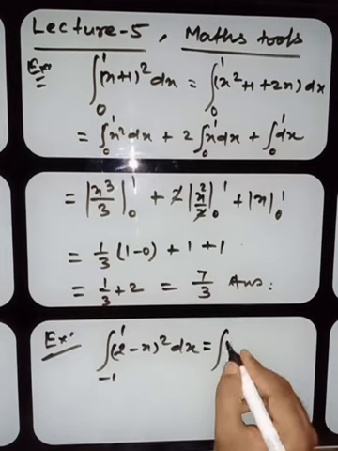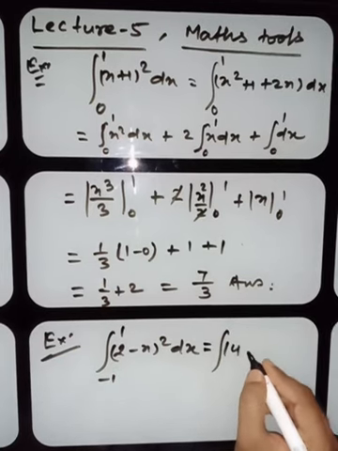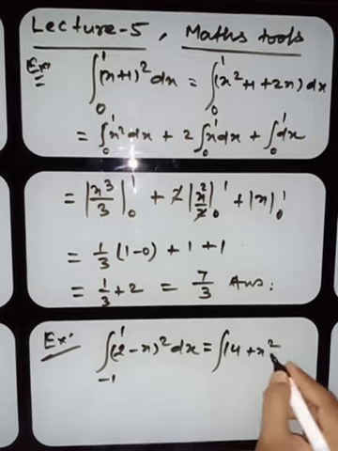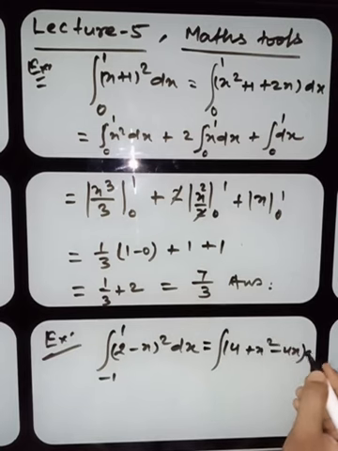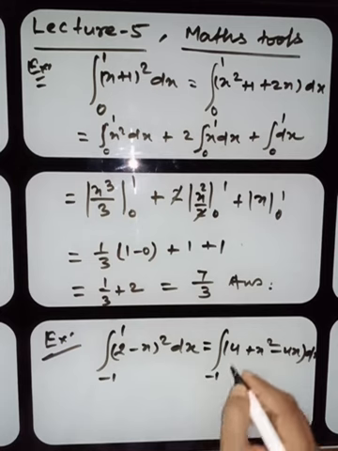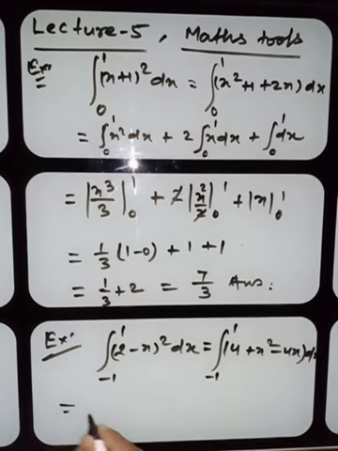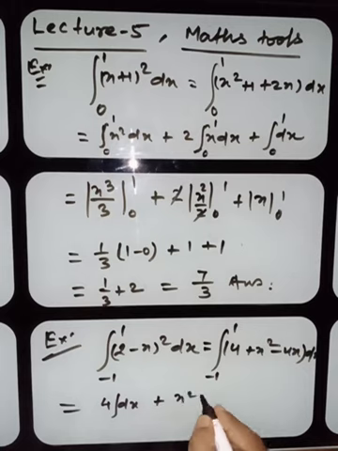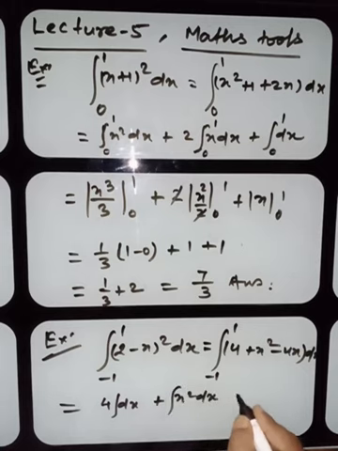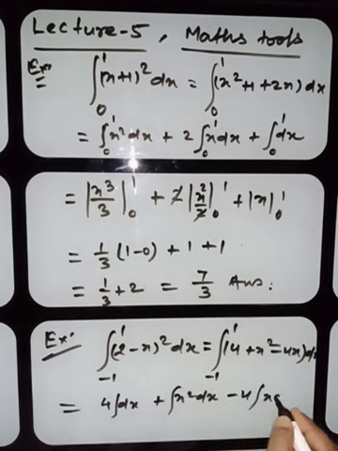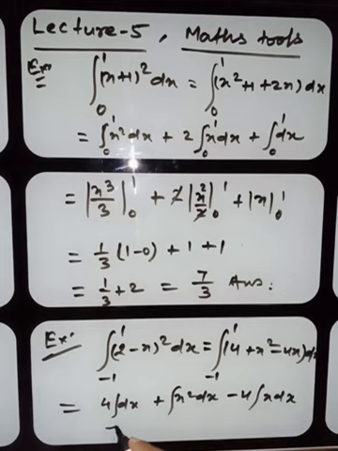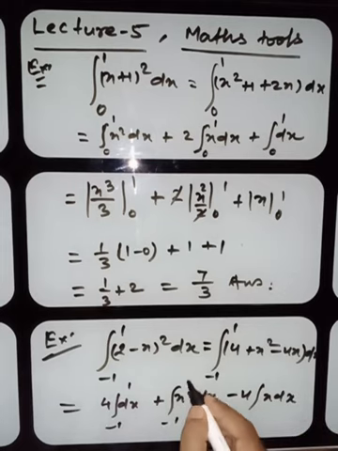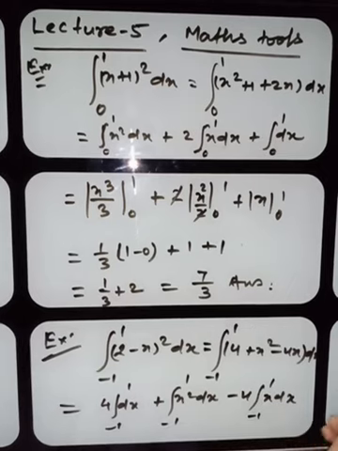First you have to break it. It is 4 plus x square minus 4x dx. All right, followed with the limits, lower and upper limit. So it is 4 dx plus x square dx minus 4x dx, limits minus 1 to 1, minus 1 to 1, minus 1 to 1.